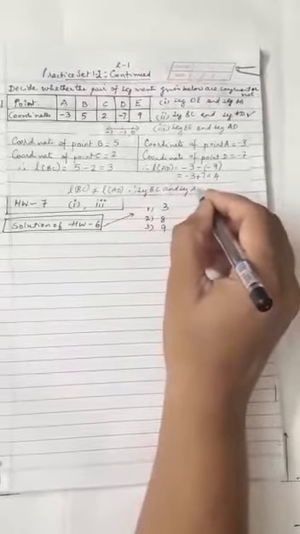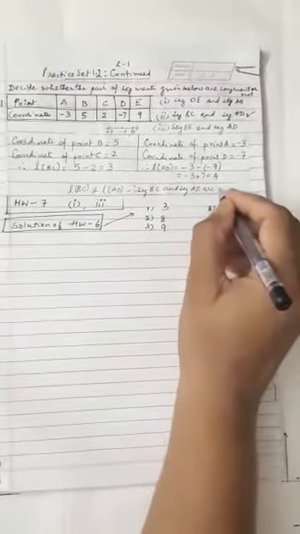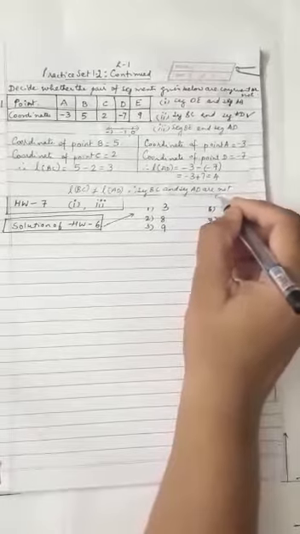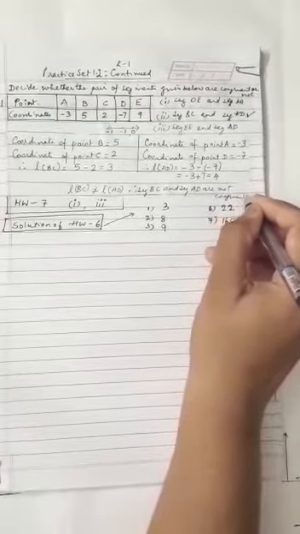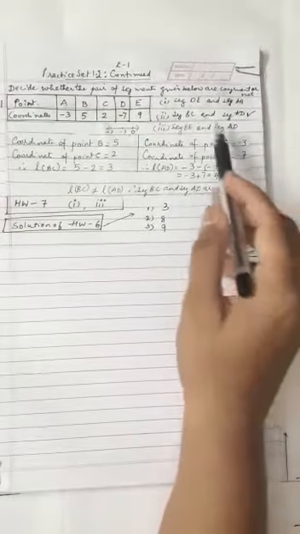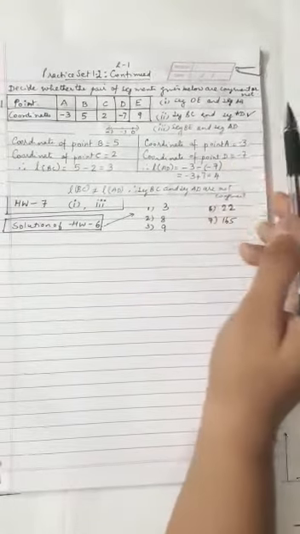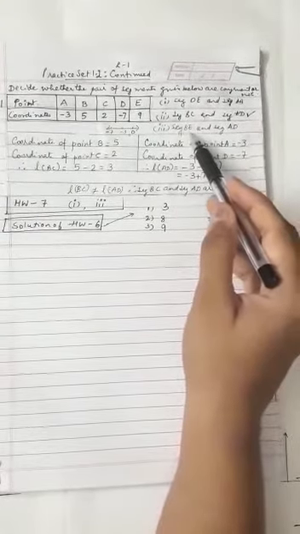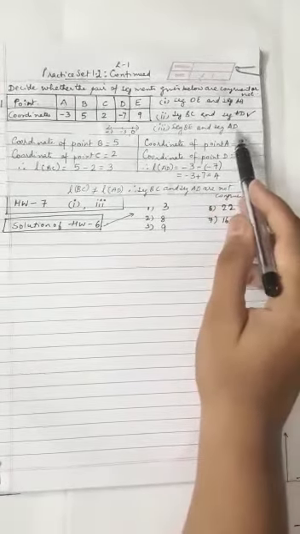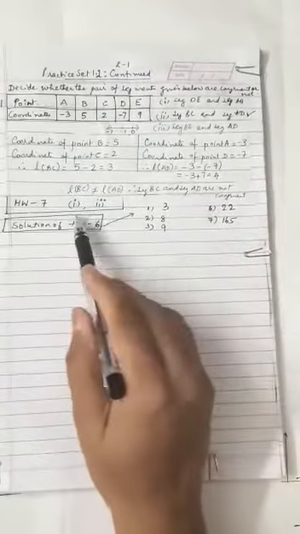Therefore, segment BC and segment AD are not congruent. In a similar way, you need to check for DE and AB, and you also need to check for BE and AD.